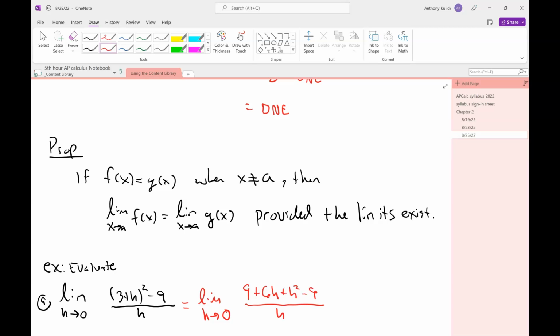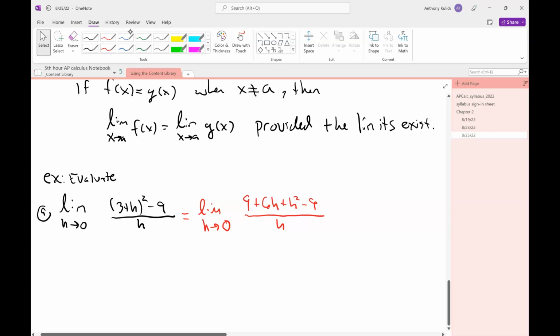Everybody's okay with that? What do you notice we can do now that we've done that? The 9s are going to cancel, right? I have a plus 9 and a minus 9. And then if I factor an h out of the numerator, I can reduce this.